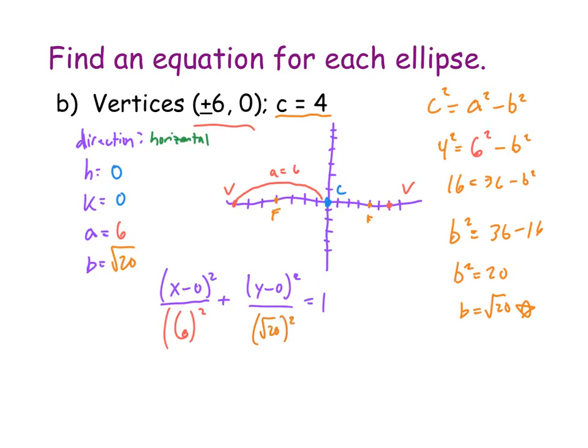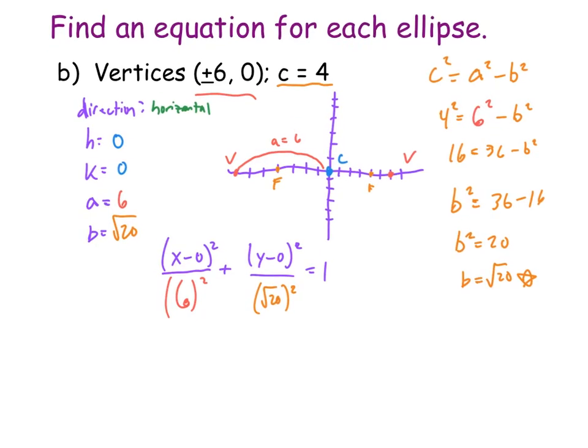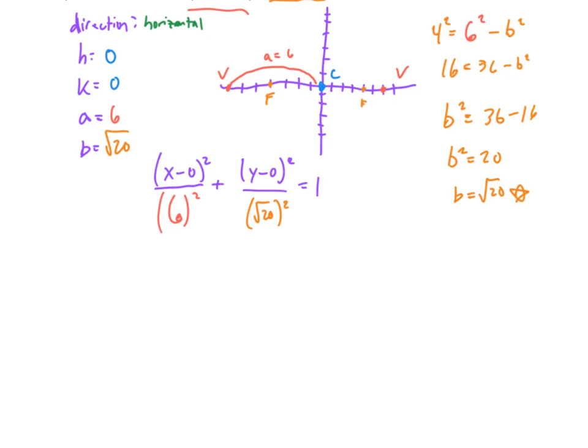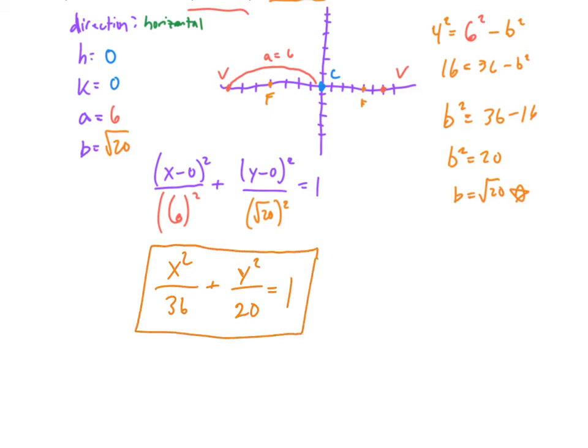So the square root of 20 squared. And then x minus 0, of course, is just x, and that'd be squared, over 36, plus y minus 0, which is y squared, over the square root of 20 squared, which is just 20. So we see how not reducing that radical actually made things easy. And then there's our equation. Always equal to 1.